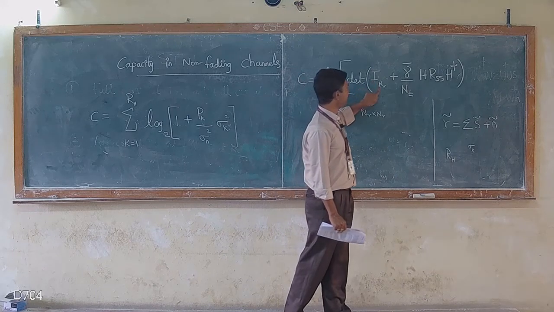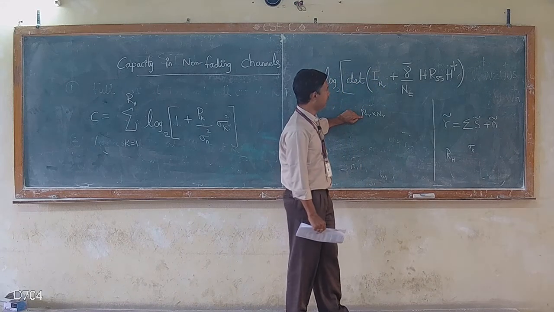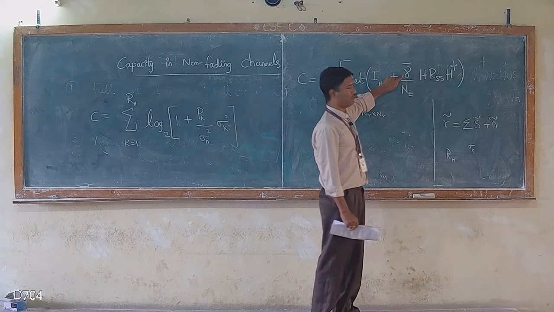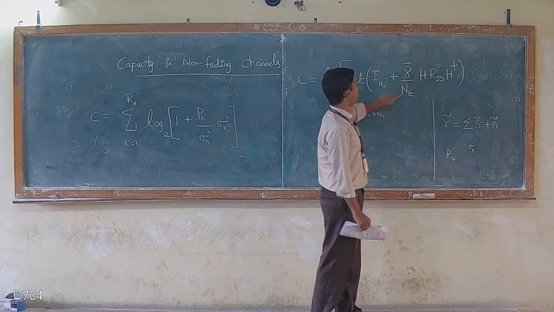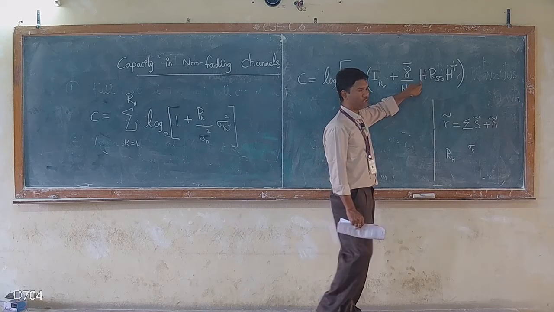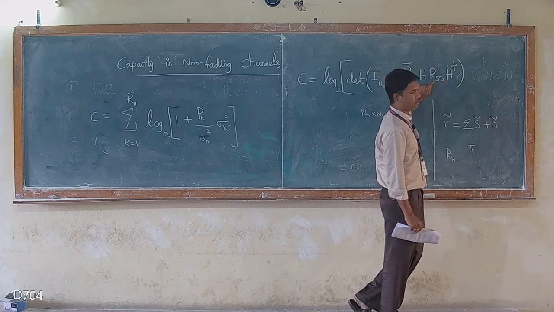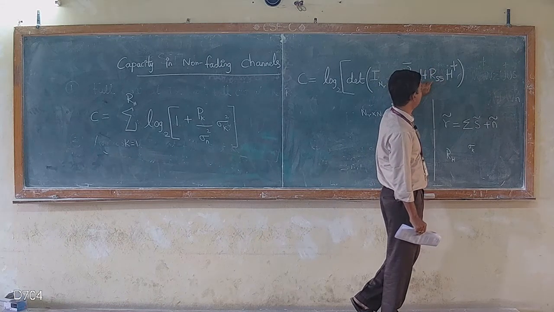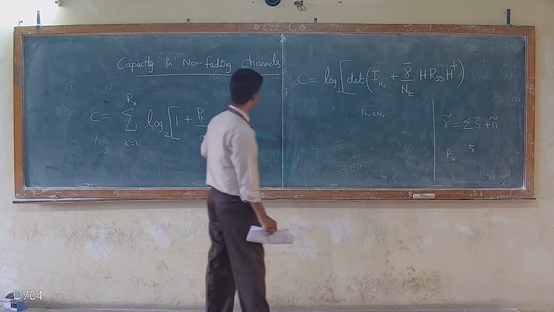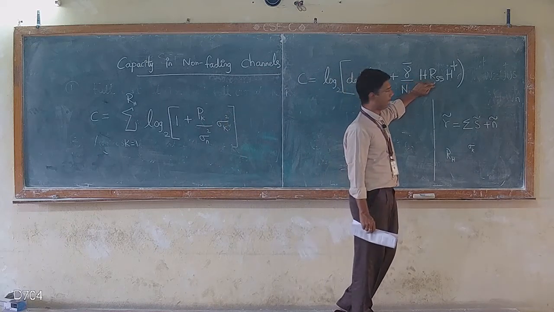Gamma dash is the mean SNR, NT is the number of transmit antennas, H is the channel matrix, and RSS is the autocorrelation matrix, whose entries are the sigma k, which is going to determine the power carried in each channel.